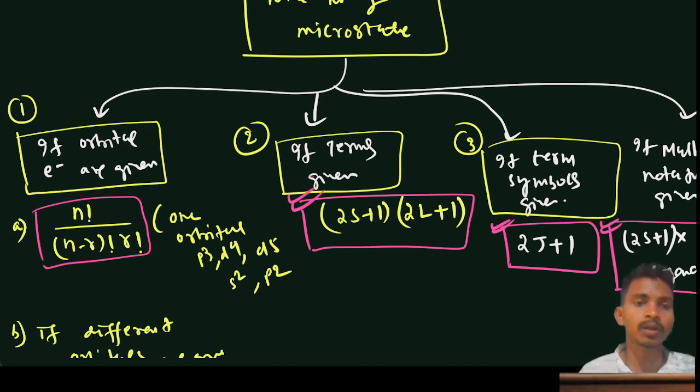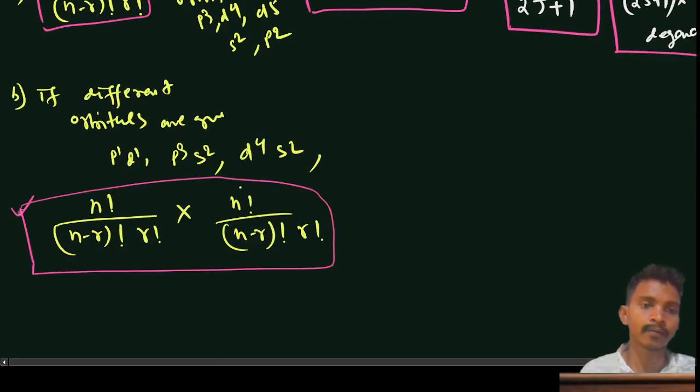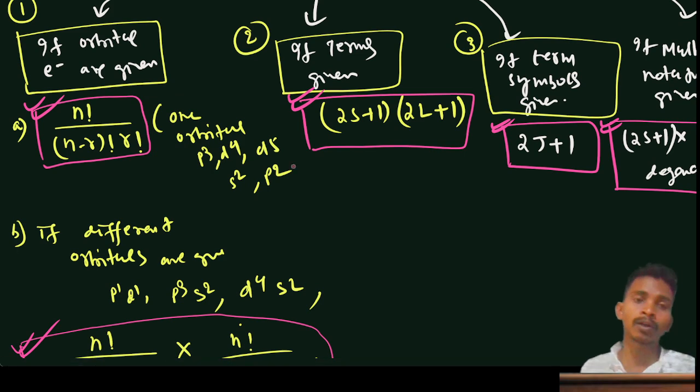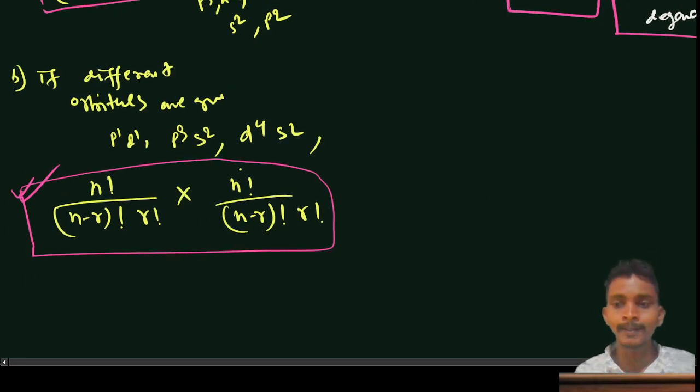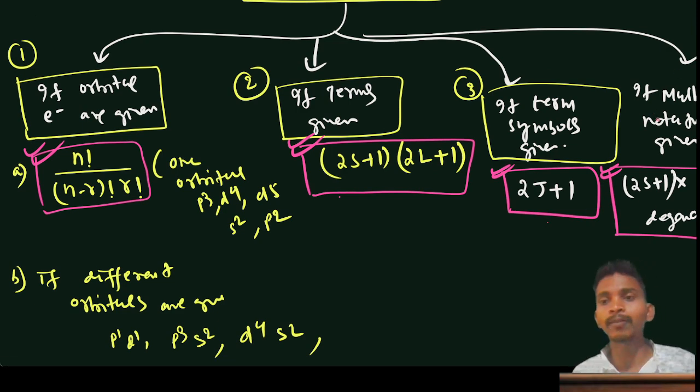So these are the four formulas we can use. If they ask questions accordingly, you can use these four formulas. If they give the orbital electrons, then you can use this formula. If different orbitals are given, then use this B case. If terms are given, then use these formulas. If term symbols are given, then use these formulas. And if Mulliken notation is given, then use this formula, 2S plus 1 into degeneracy.